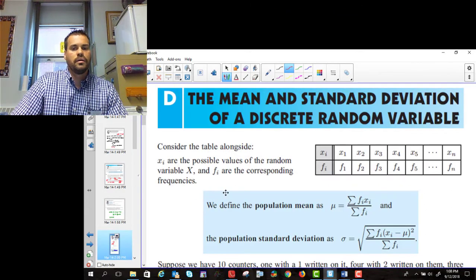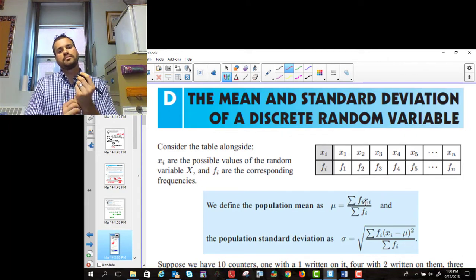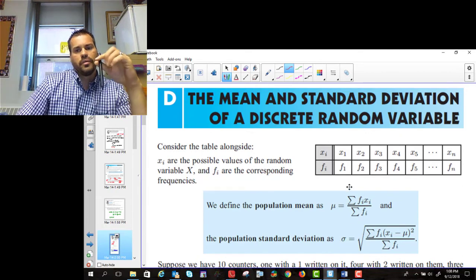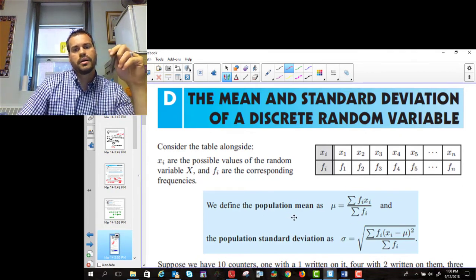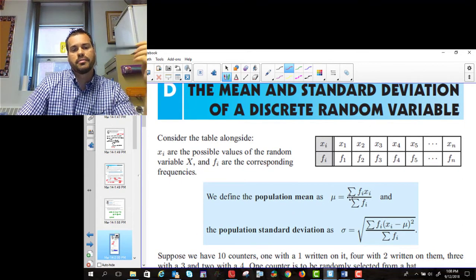All right, now expectation kind of becomes the mean, and the standard deviation is the same kind of concept. The mean is just the frequency multiplied by the x value divided by the frequency. So it's very similar to the expectation, because if you add up all the frequencies, it generally adds up in a probability distribution to 1.